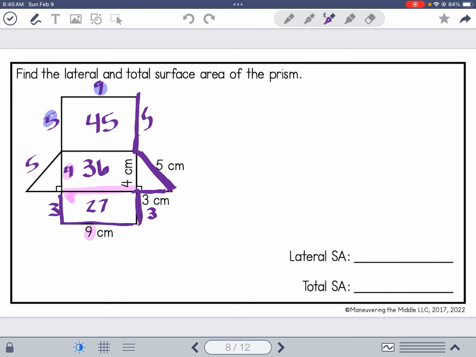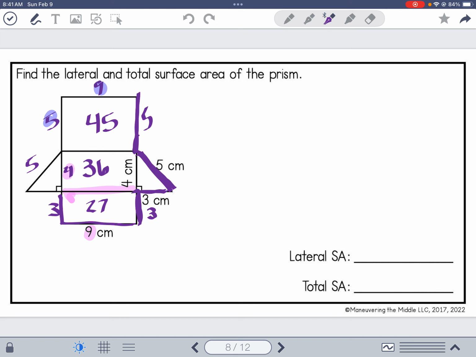Notice that all 3 rectangles are different sizes. Can anybody tell me why you think they're all different sizes? If you look at your triangle, it is a scaling triangle. It has 3 different sizes. So if it has 3 different sizes, you're going to have 3 different areas for your rectangles.